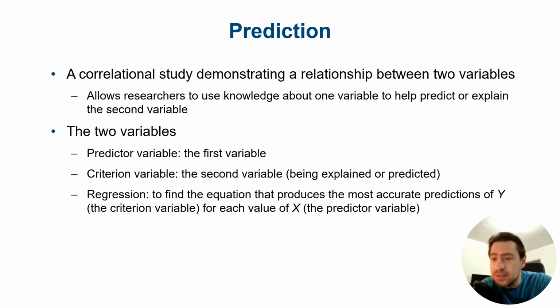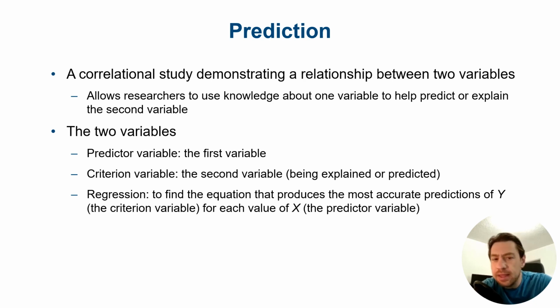In this case, the GRE scores are being used to predict graduate school success because GRE scores and grad school success have been shown to correlate with one another. So in this situation, the GRE score would be the predictor variable, and grad school performance would be the criterion variable.